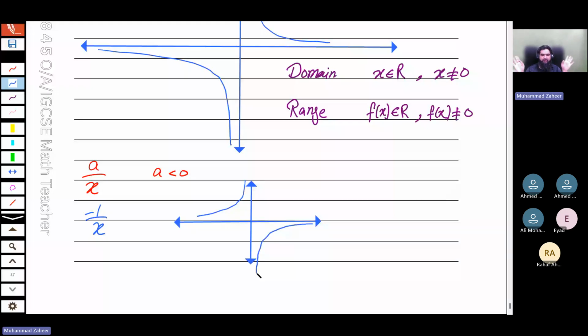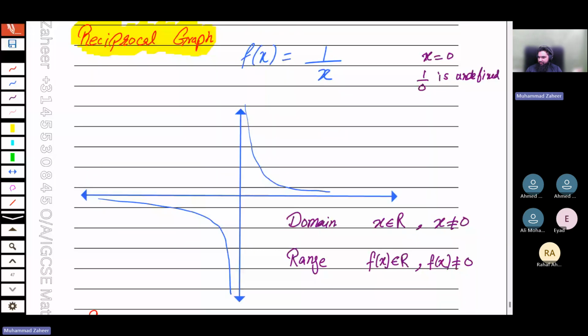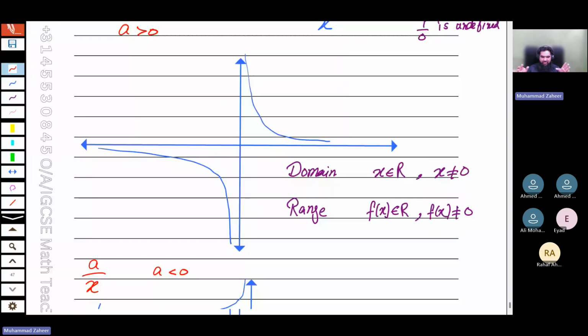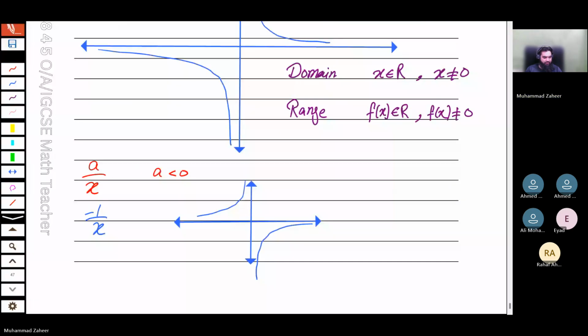The range and domain are going to be exactly the same, because you are getting all positive x values, all negative x values, all positive y values, all negative y values, except x is equal to 0 and f of x is equal to 0. So if a is greater than 0, the graph is in the first and third quadrants, and if a is lesser than 0, it is in the second and fourth quadrants.